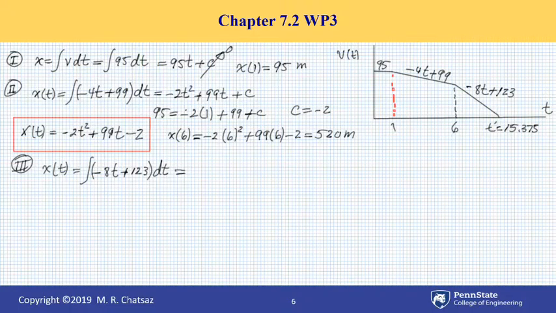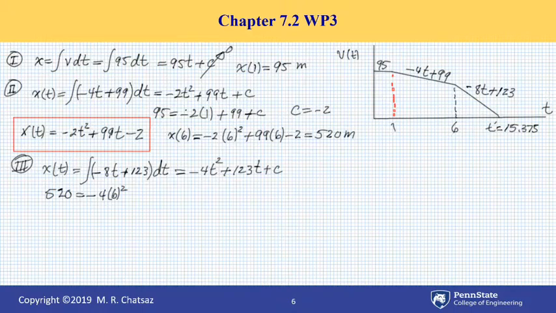The integral of this is going to be minus 4t squared plus 123t plus some constant of integration, which can be found if we use the value of 520 in this equation at the time of 6 seconds.